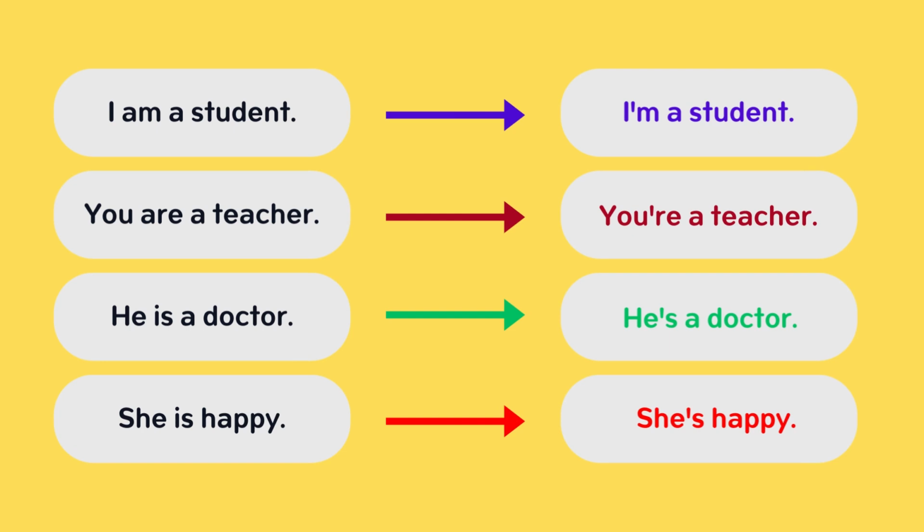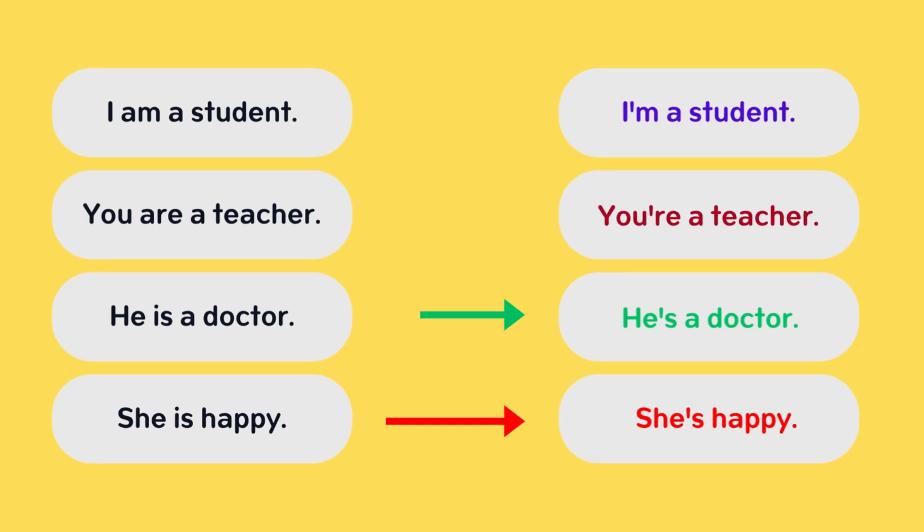Look at the examples. I am a student. We can easily say, I'm a student. You are a teacher. You're a teacher. He is a doctor. He's a doctor. She is happy.